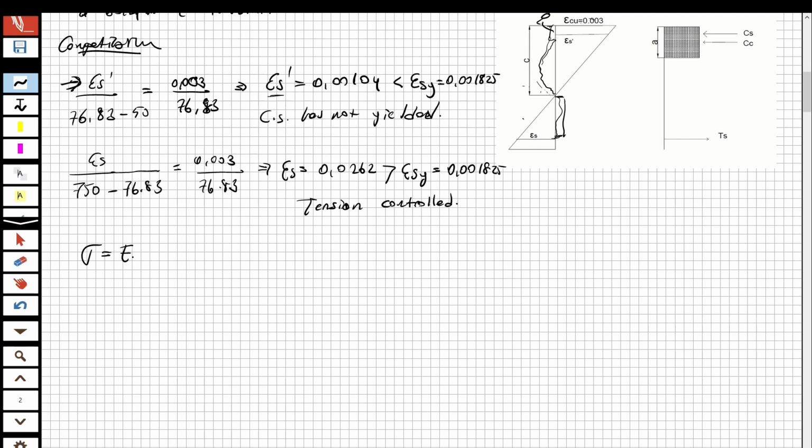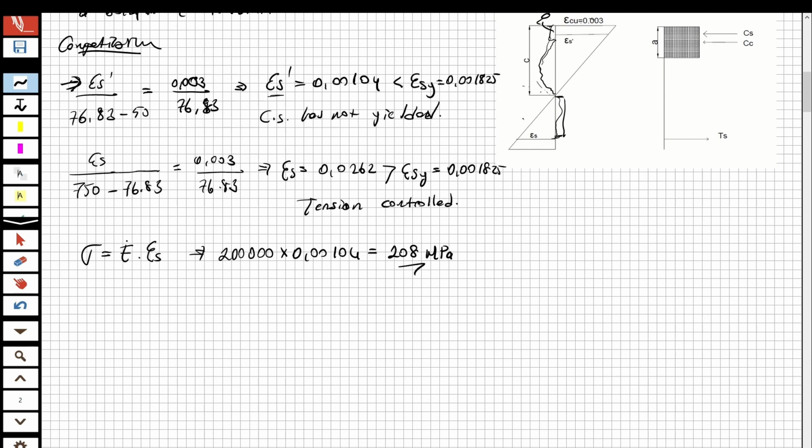This is the modulus of elasticity, multiplied by epsilon s, the strain of steel. So what is that? 200,000 multiplied by 0.00104. It's going to be equal to 208 megapascal. Okay, now we obtain it.